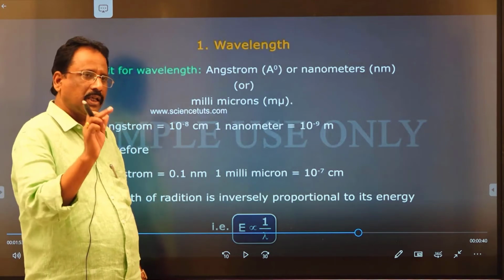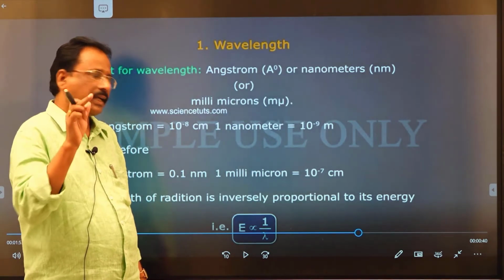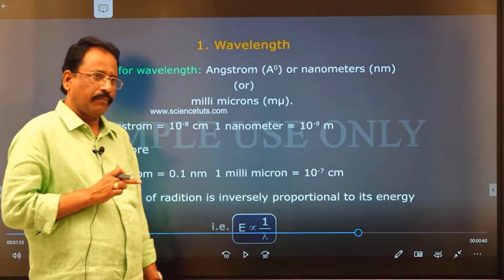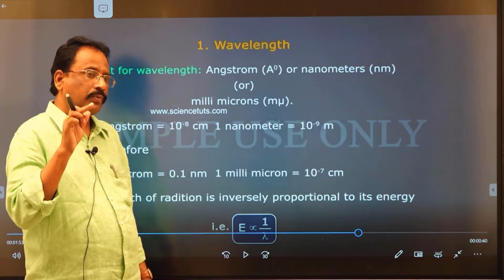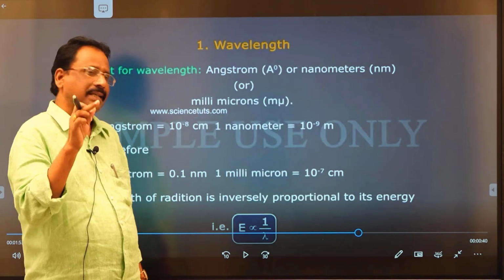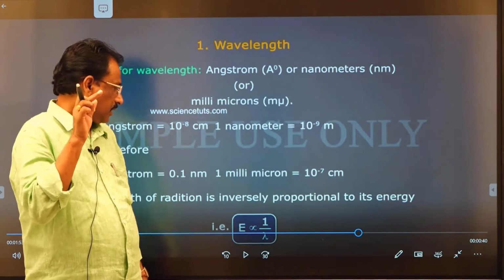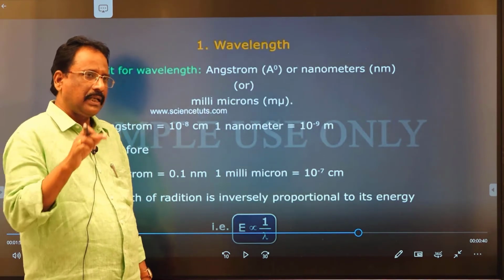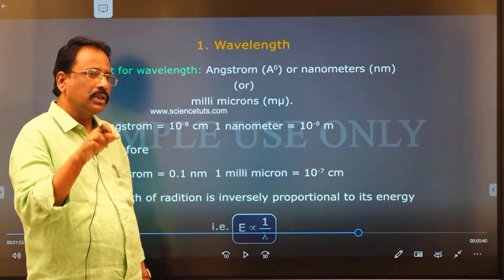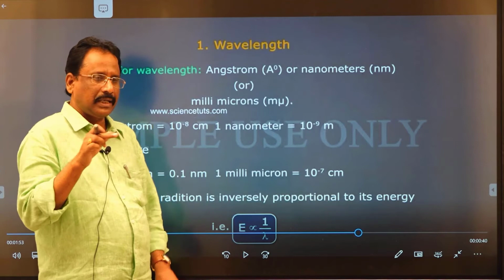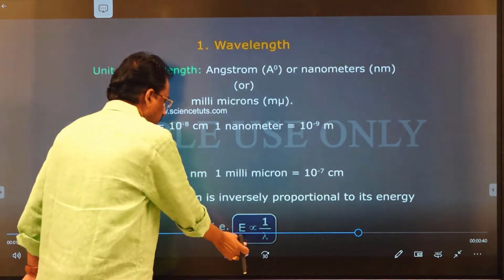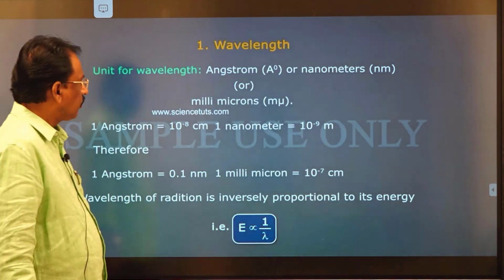For example, in the case of visible light, for red color, lambda is more, which is equal to 7600 angstrom. So for red color, energy is less. In the case of violet color, lambda is equal to 3800 angstrom. So for violet color, the energy of the radiation is more.